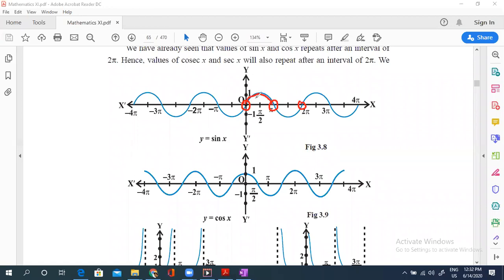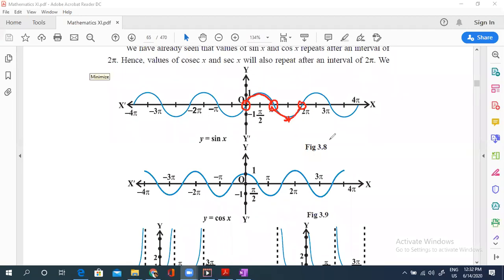But it is positive. Now from pi to 3 pi by 2, it is decreasing and the value is -1. From 3 pi by 2 to 2 pi, again it will increase, value is 0. So this is the graph of sine theta. This is the standard graph of sine theta.